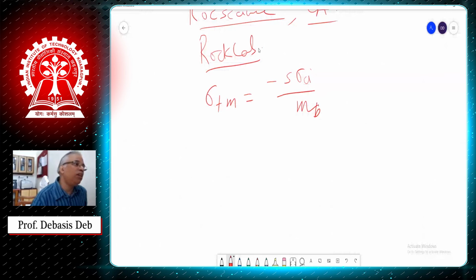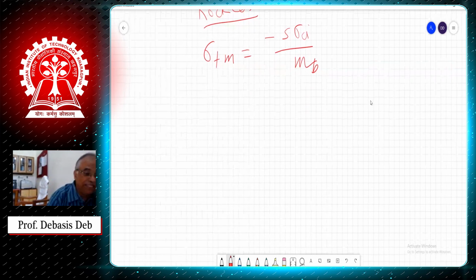From Hoek-Brown, we can calculate the equivalent Mohr-Coulomb criteria, like C and phi. Now, how are we going to do that? It is very easy. What you have to do is compare these two equations. Okay. Now, the comparison is like this.